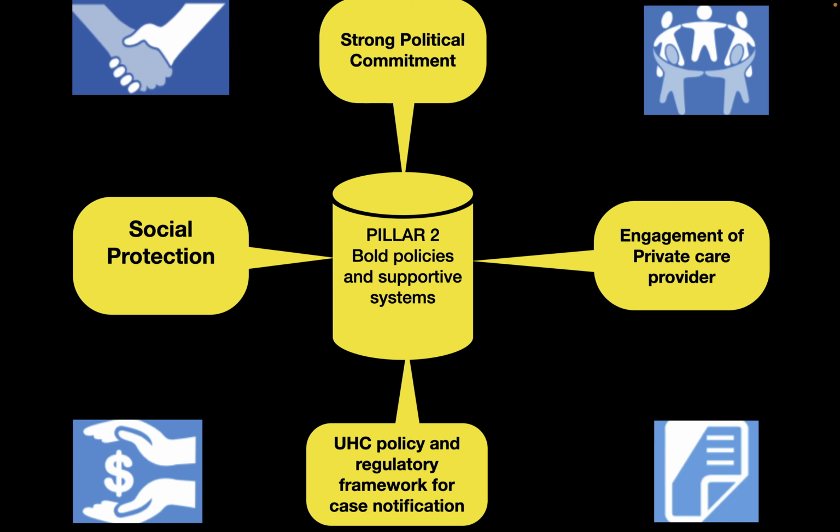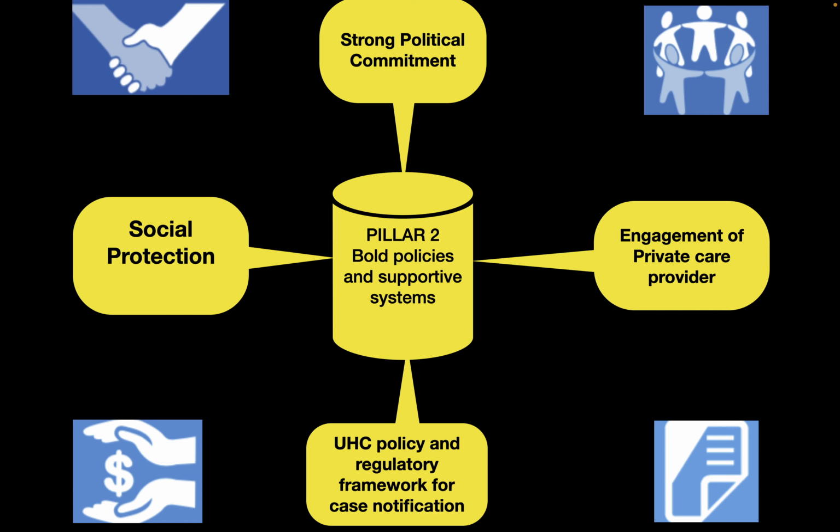Pillar two talks about the strong policies and systems which need to be strengthened. So there should be a strong political commitment, there should be social protection, and the private players, the private care providers, private health facilities should be engaged, should be roped in. They play a very important role in TB elimination.